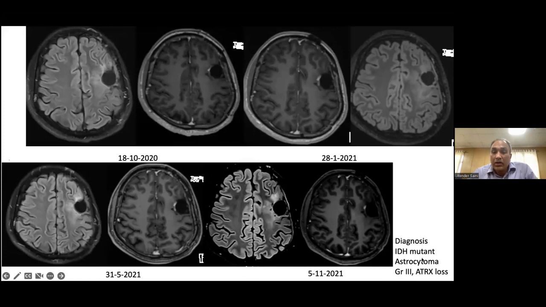Compared to the last case, which was an oligodendroglioma, this patient has already, within 2 years, shown an excellent response to therapy, but again some recurrence has started appearing here. So that's what I was trying to tell: both histology as well as genomic information play a role.